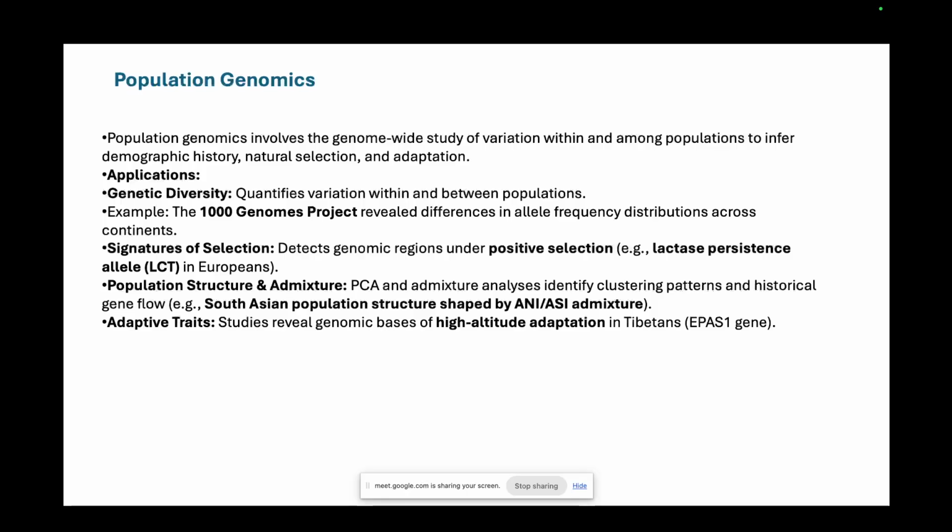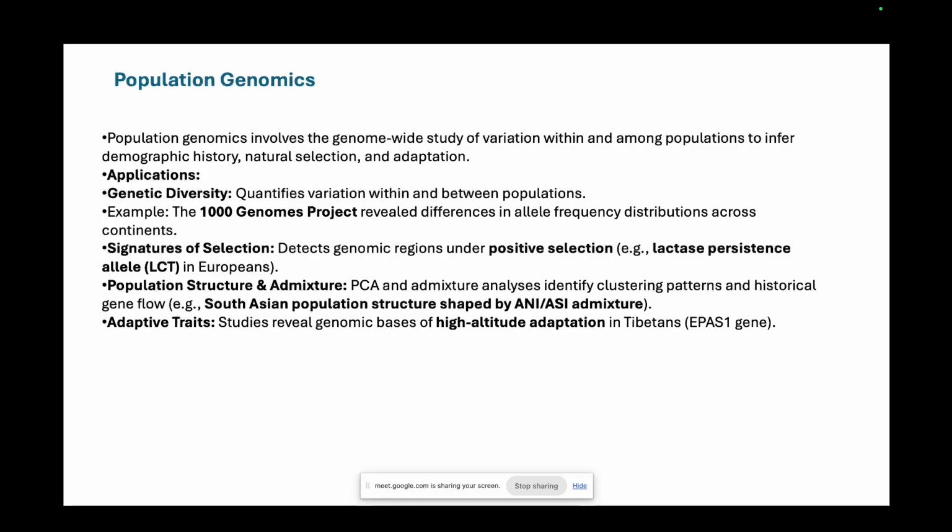Again, I talked about population structure and admixture, basically the ancestral components of an individual genome. In India, this is a very good example. We have people of different ethnicities living in India. India has documented around 4,600 ethnicities.